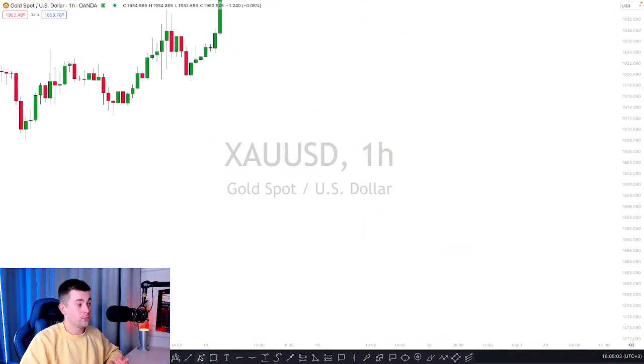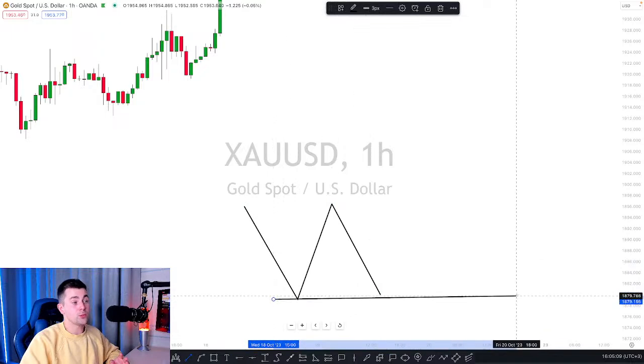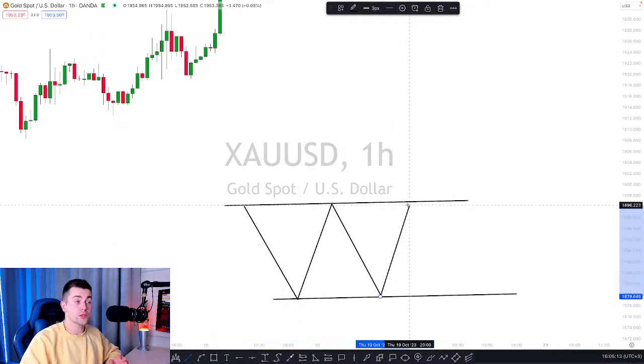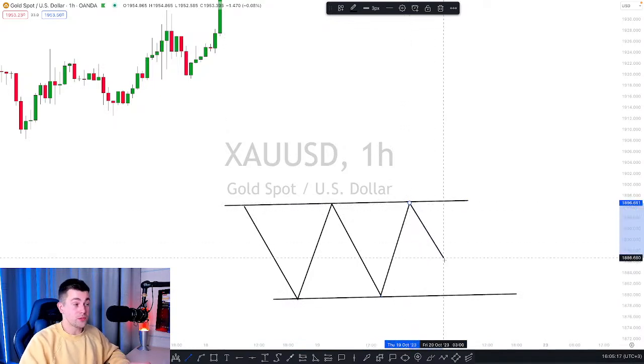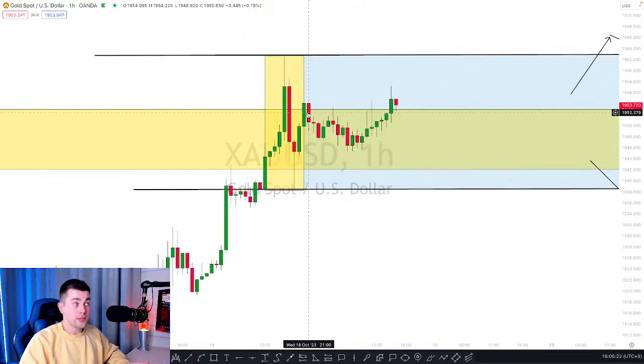First of all, remember that once you spot a market that is trading within a range, probabilities are always high that from the support of the range you will see a bullish movement to the resistance of the range, and from the resistance of the range you will see a bearish movement to the support of the range. We are now trading within the range of the mother's bar.